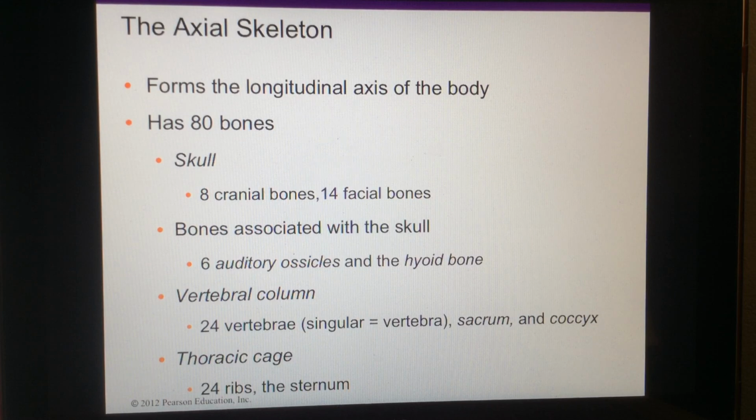So the axial skeleton is going to form the longitudinal axis of the body. It really provides a framework that supports and protects the brain, the spinal cord, and the organs of the subdivisions of the ventral body cavity. So it's really going to allow for upright posture that's unique among vertebrates.